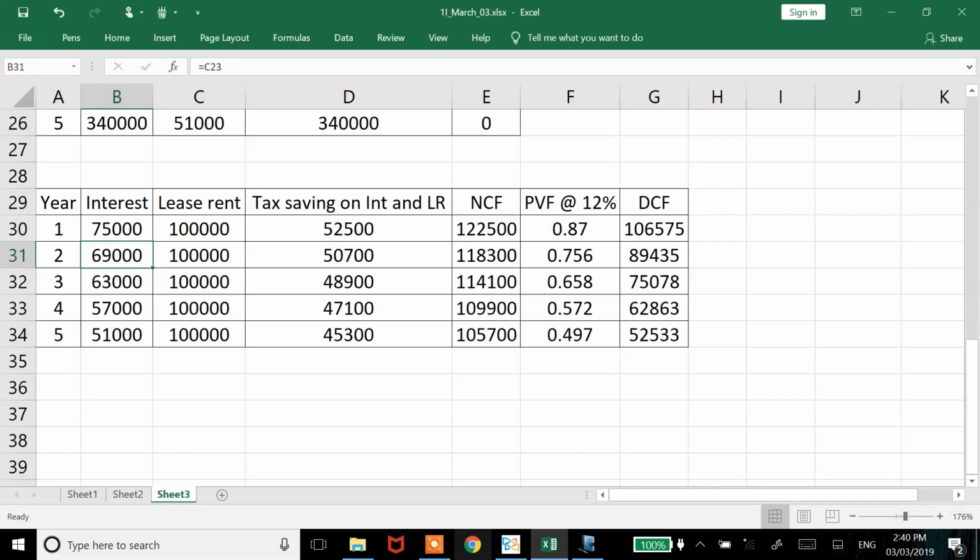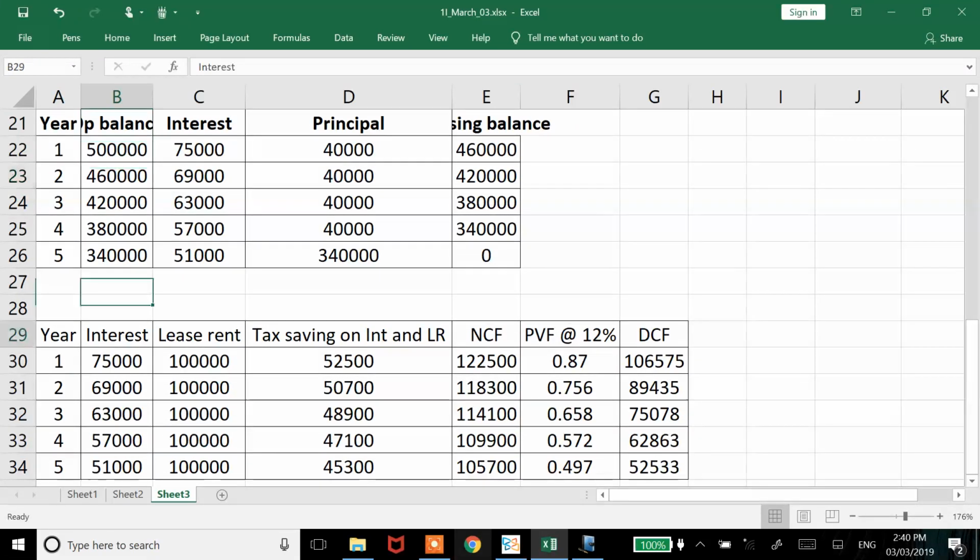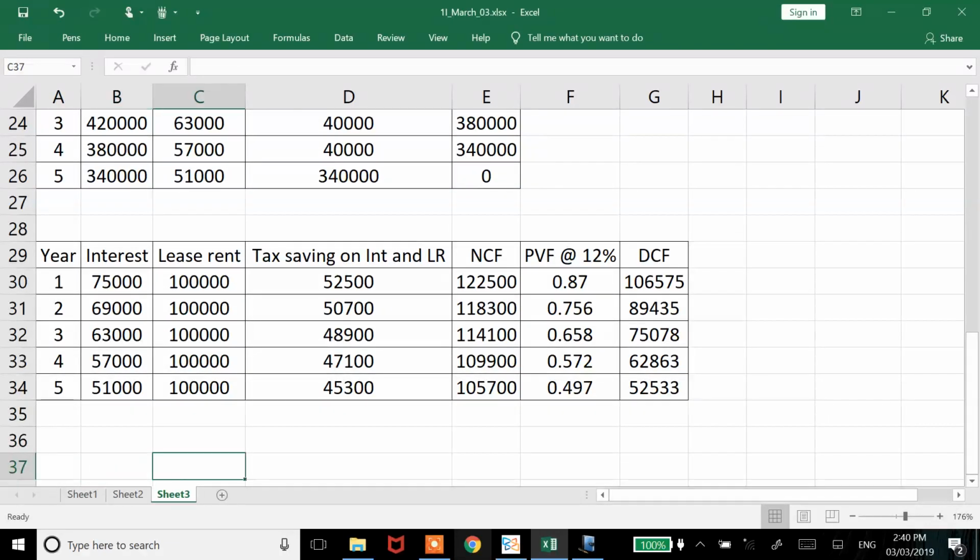Which one? It's copied from your earlier calculation. The problem is, I take a loan, I don't get salvage value benefit, I have to pay interest.